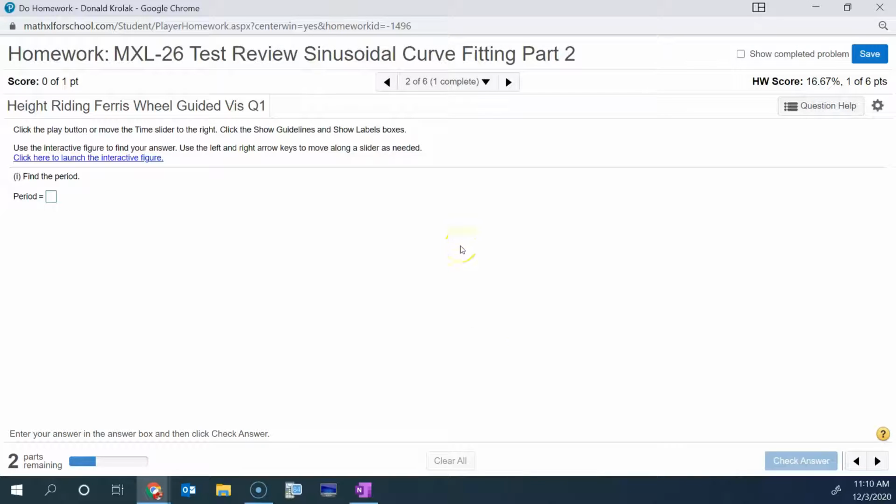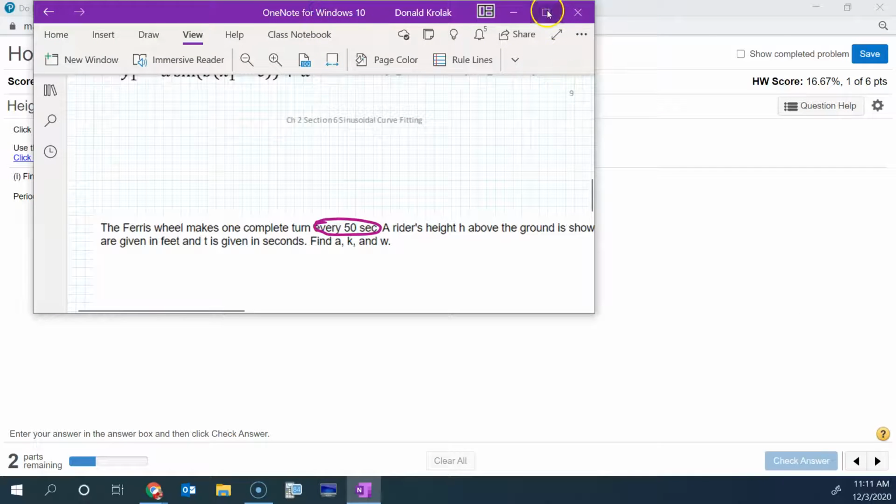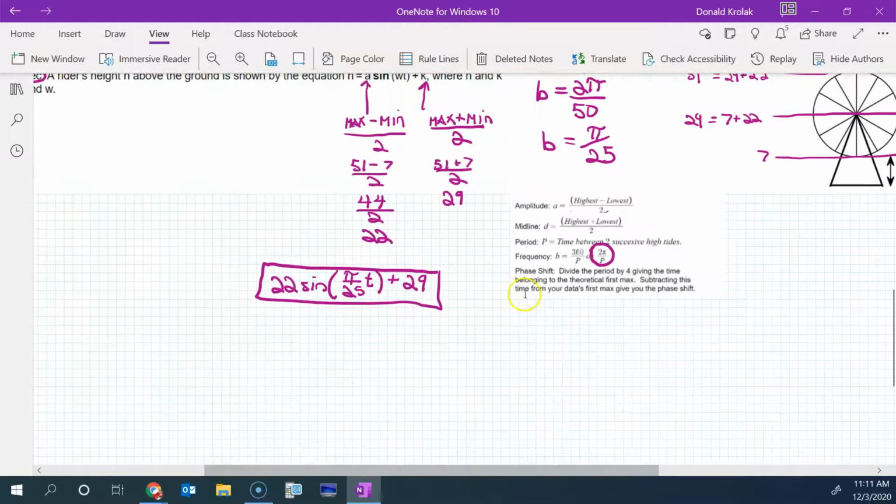All right, so you'll definitely see one like that. The frequency is equal to 2 pi divided by the period. So what you're doing, you're just using this right here.